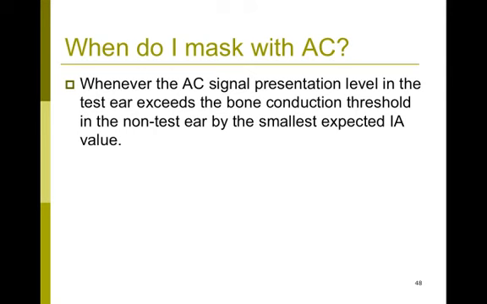So when do I mask for air conduction? You mask for air conduction whenever your presentation level exceeds the bone conduction threshold of the non-test ear, or the better ear, plus the smallest expected interaural attenuation.